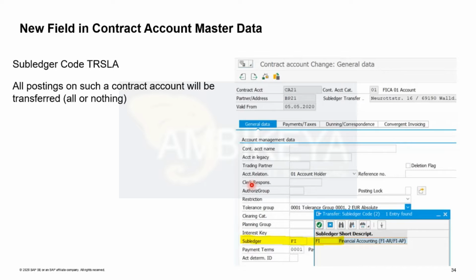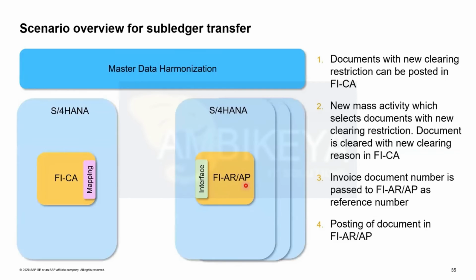Furthermore, you have to do some customizing regarding the main and sub transaction you post to this contract accounts. But if you have done that, then the process looks like following. You post then these documents, for example, from convergent invoicing. You post documents here to the FICA contract account.